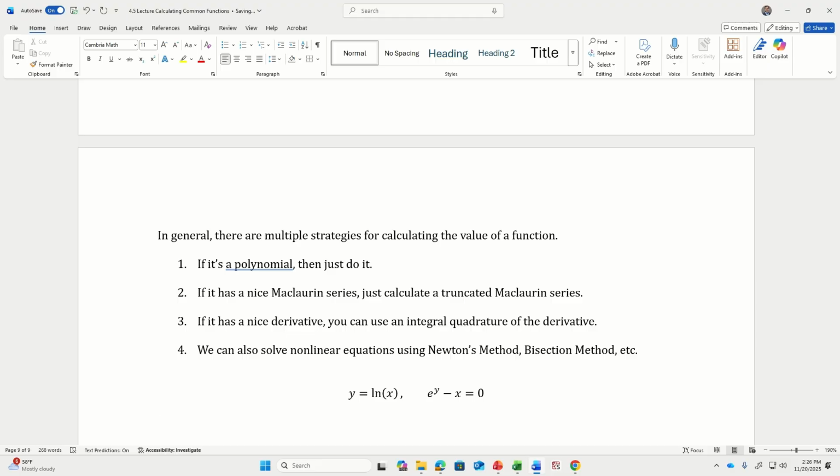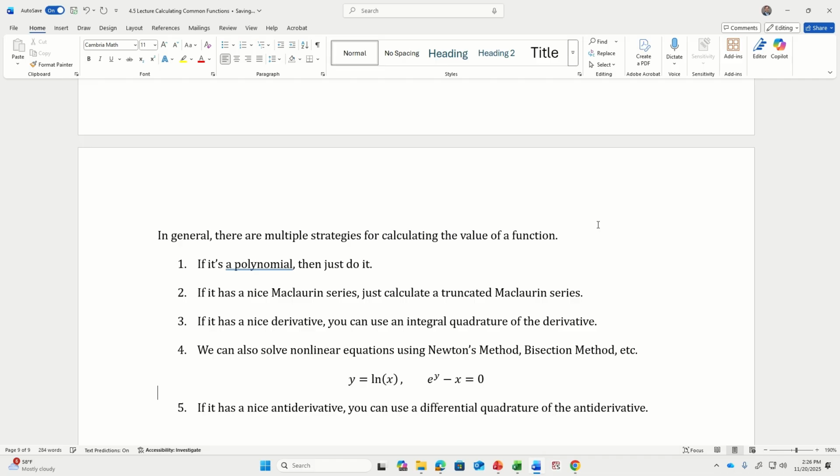The fifth strategy, and this is maybe less common, but you could also say if it has a nice antiderivative, you can use a differential quadrature of the antiderivative. And this would happen almost never, right?